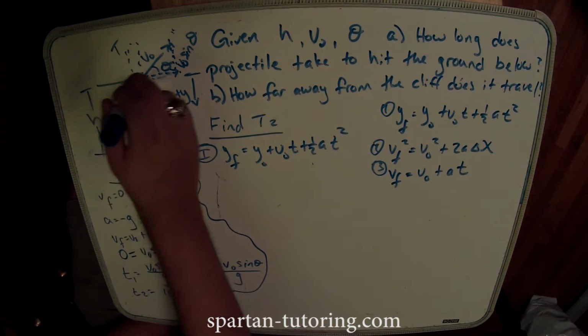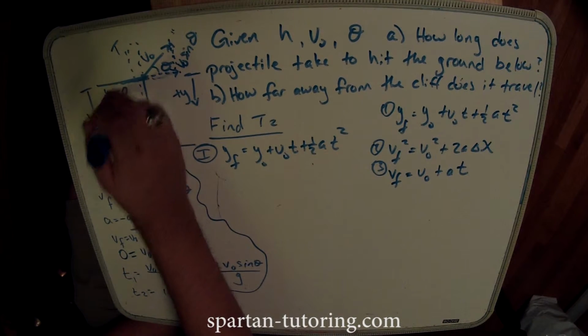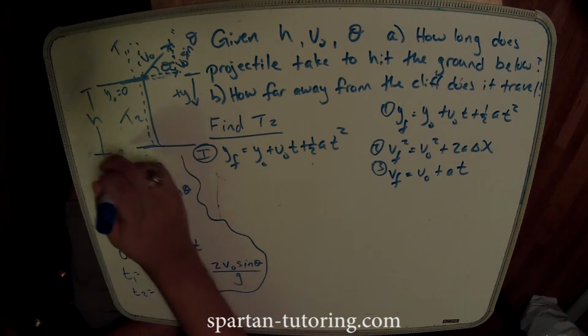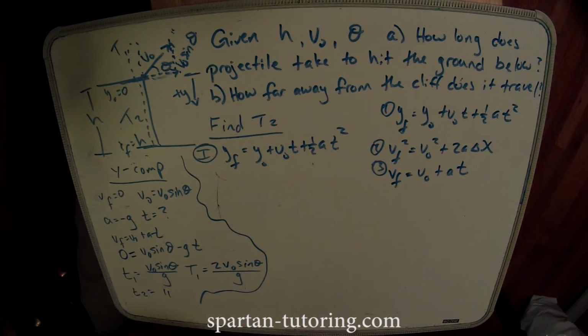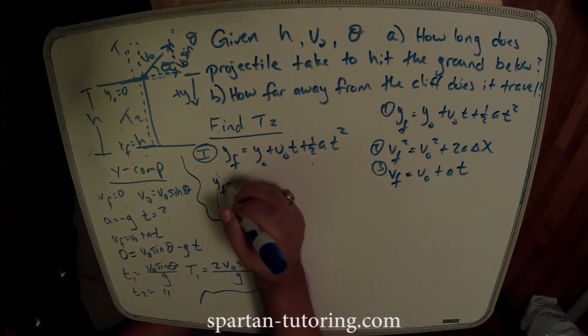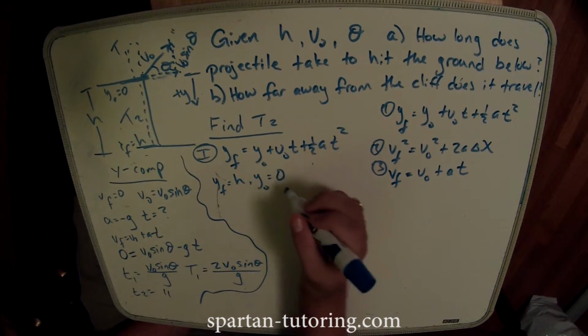I'm going to call this my initial y, and this y naught will be 0, and this y final will be h. So I have yf is equal to h, y naught equal to 0.